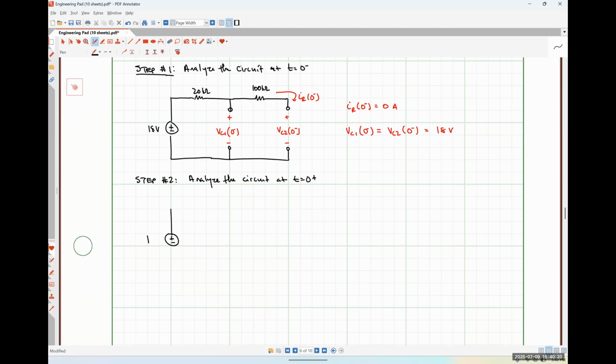So here is our 18-volt source. Here is the 20 kilo ohm resistor. Here's our switch as an open circuit. I'm not going to fill in what our capacitor is going to look like just yet. Not this capacitor either.